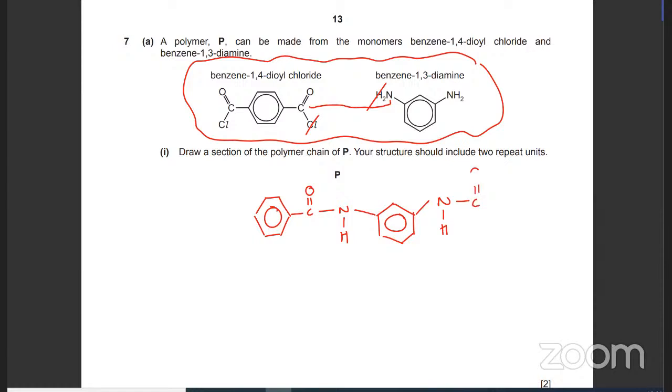And there's going to be a C double bond over here. Now this is 1 repeat unit. Then there's going to be this molecule coming after this. So you would have to repeat this entire thing.